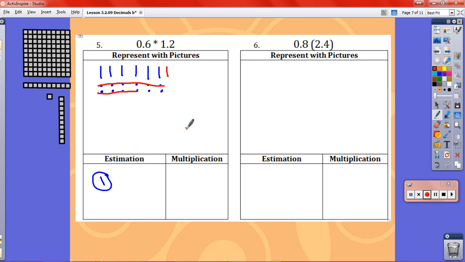Alright, so I have 2 hundredths right there, and then 1, 2, 3, 4, 5, 6, 7 tenths, 72 hundredths. Let's multiply. It's got to be near 1, so 7.2 would be too big, 72 would be too big, so it's got to be 0.72.